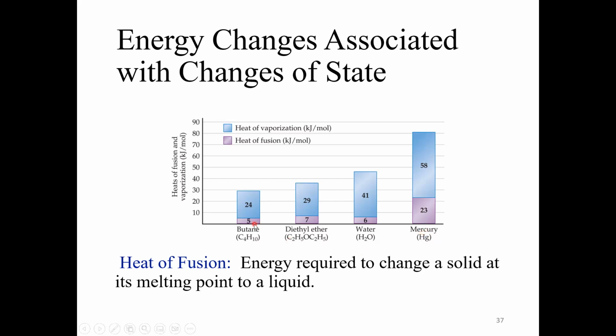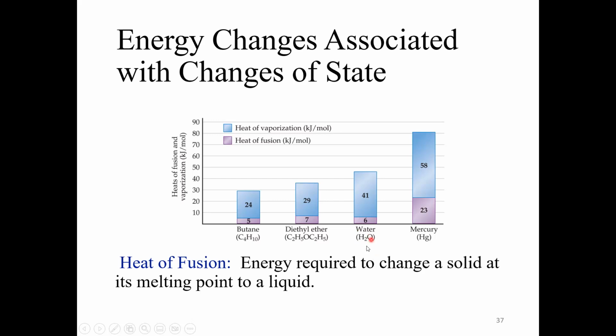So when we look at the heat of fusion, I should say, which is the energy needed to change it from a solid to a liquid, so the energy to melt it essentially, we can see a gradual increase in the heat of fusion. And with it, part of the reason is going to be water is the smallest.